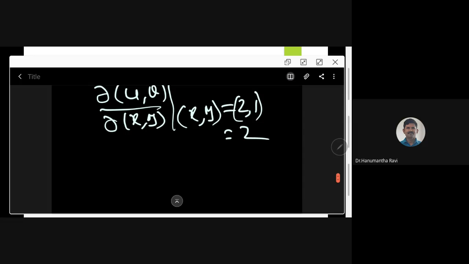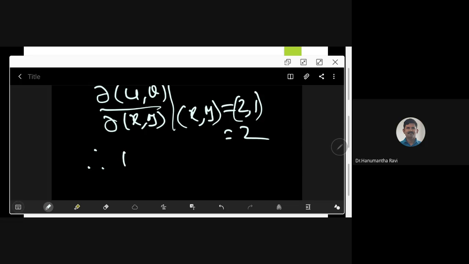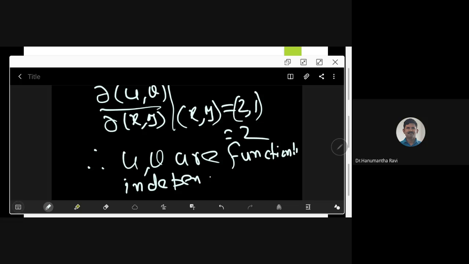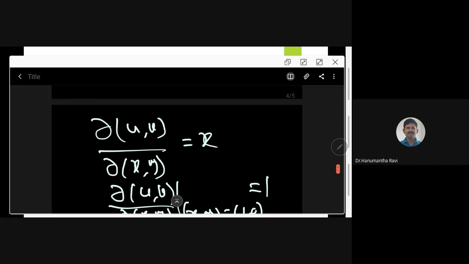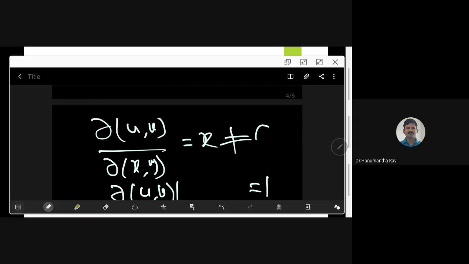So what can we say? Therefore, u and v have no relationship here; they are functionally independent. For some values of x, it is not equal to 0. Therefore, they are functionally independent.